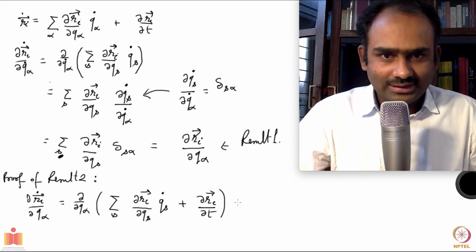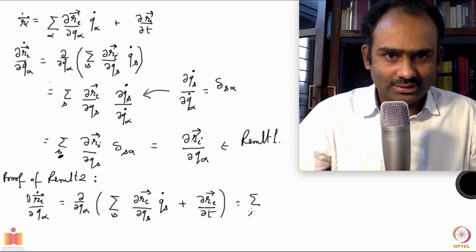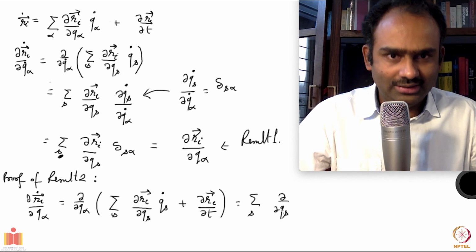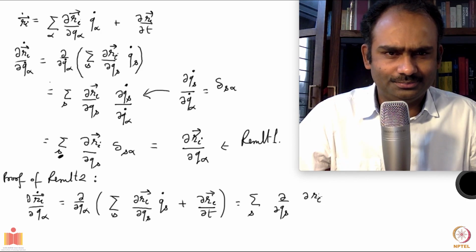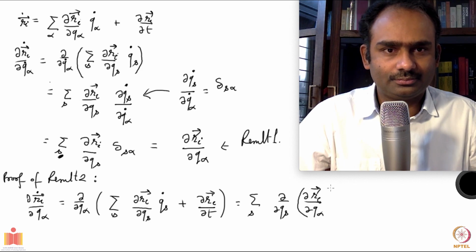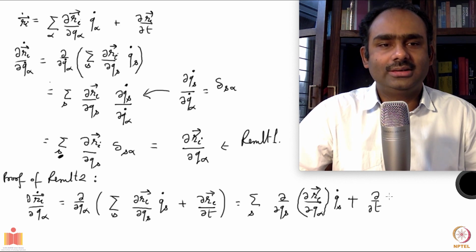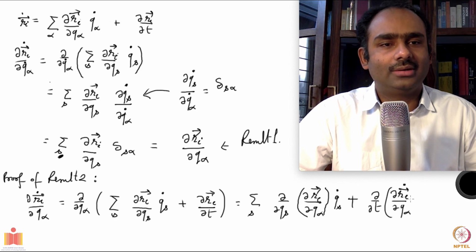So the upshot is that I can write this as summation over S del over del Q S of del Ri over del Q alpha times Q S dot, plus del over del t of del Ri over del Q alpha.